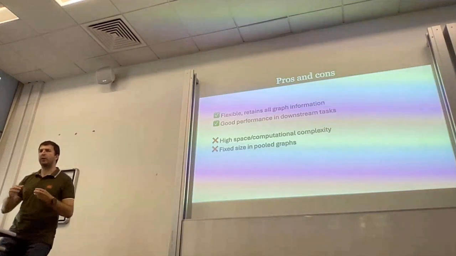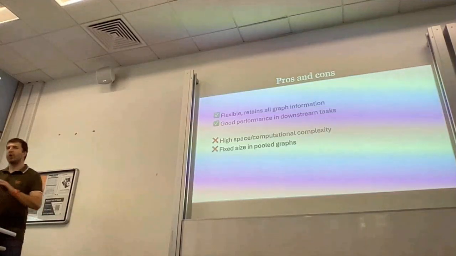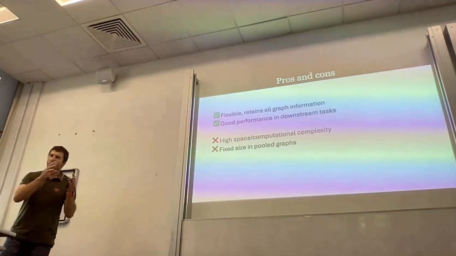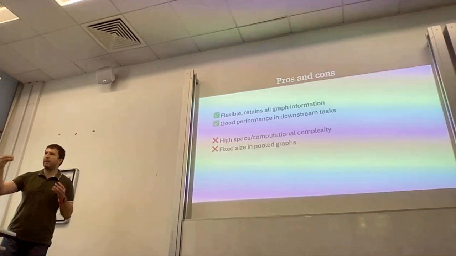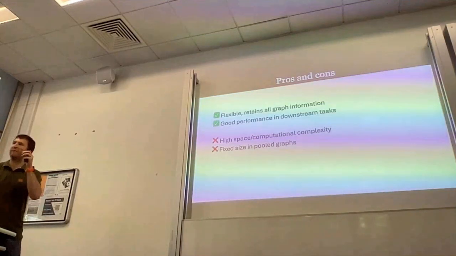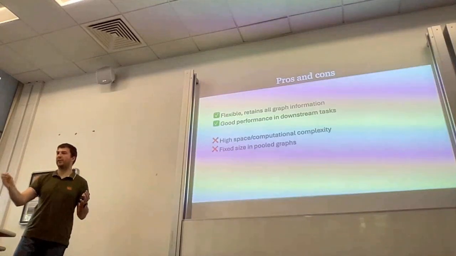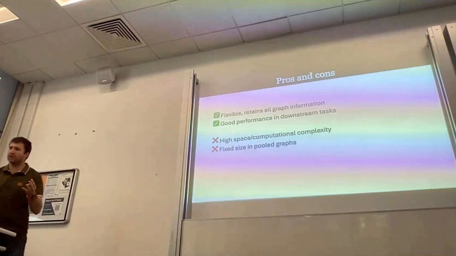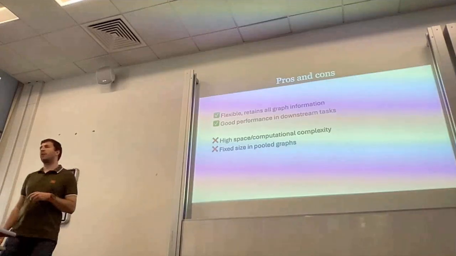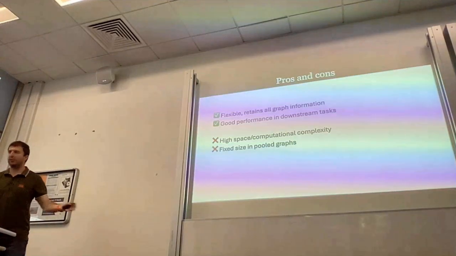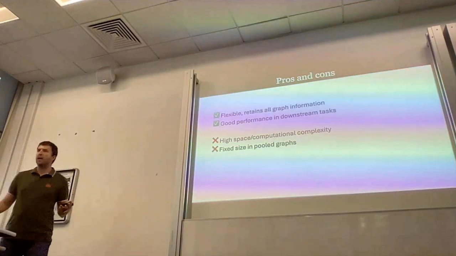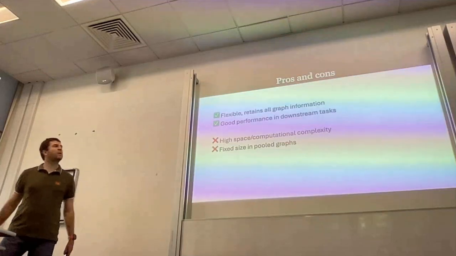So we say we want 15 clusters. Good. So every graph in the dataset will end up being pooled into a smaller graph with 15 clusters. If I have a graph with 100 nodes, we'll end up with a graph with 15. If I have a graph with 10 nodes, we'll also end up with a pooled graph with 15. So for datasets where there is a lot of variability in the size of the graphs, maybe this cannot be optimal.